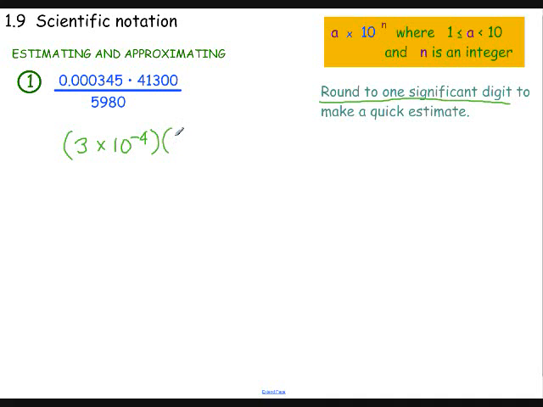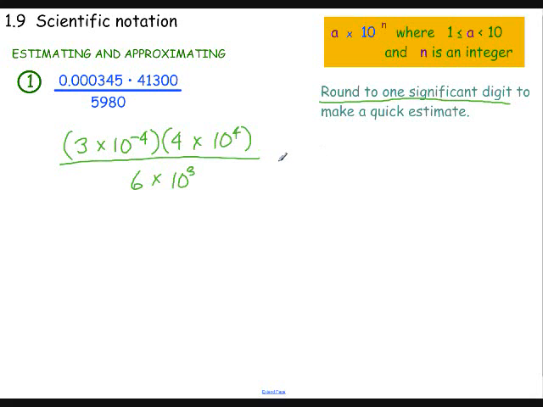The next one, let's call it 4, and that would be times 10 to the what? In this case, 10 to the 4th. And down below, we'll call this 6 times 10 to the what? 3, right?